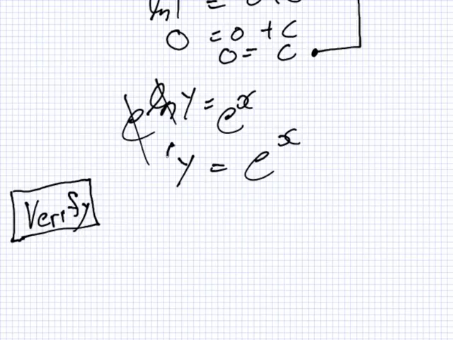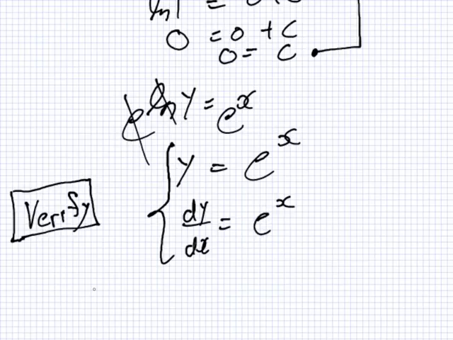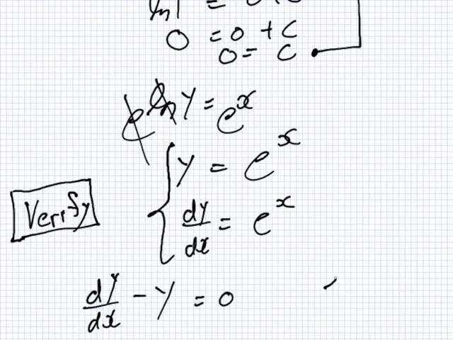If y equals e^x, what does dy/dx equal? e^x. And what was my original equation? It was dy/dx minus y equals 0. Now what's dy/dx? e^x.